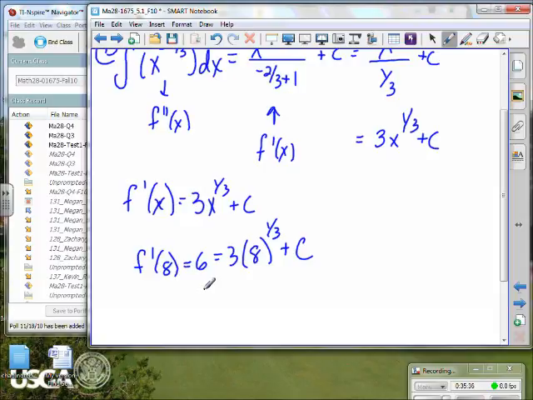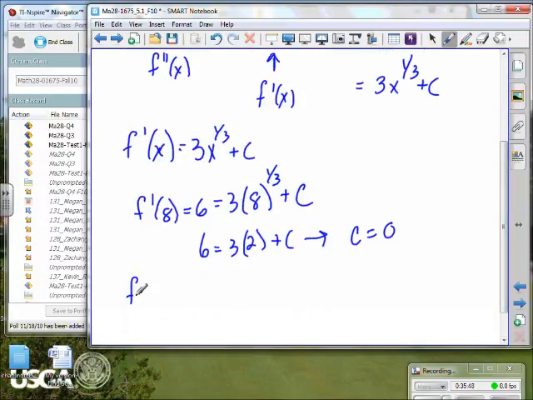Okay, so what is the cube root of 8? 2. If that's true, what's the value of c? 0. So now what I know is that the first derivative is actually just 3x to the 1/3 power plus 0, or simply 3x to the 1/3 power.